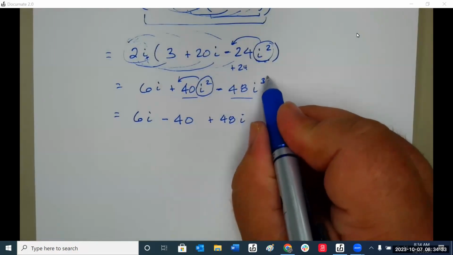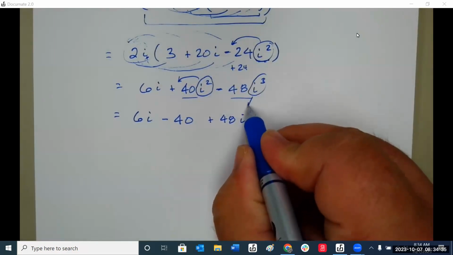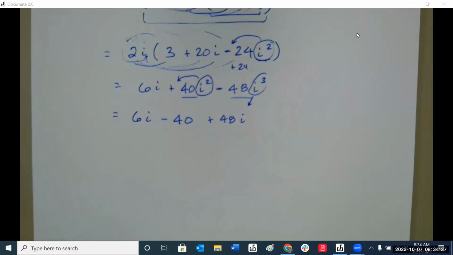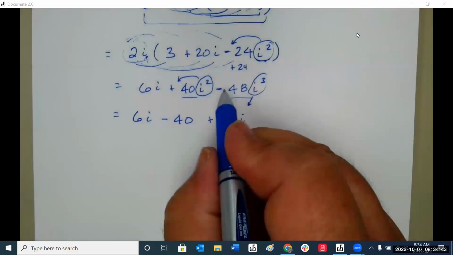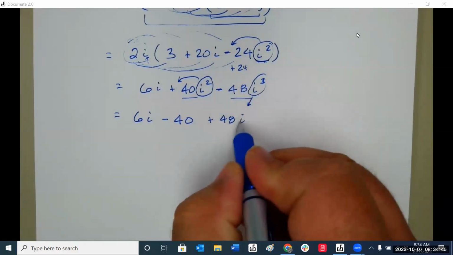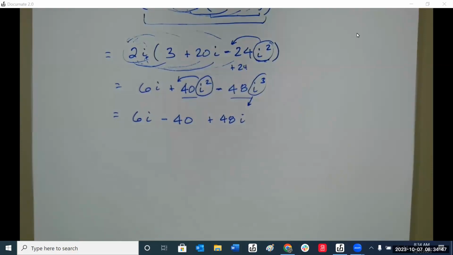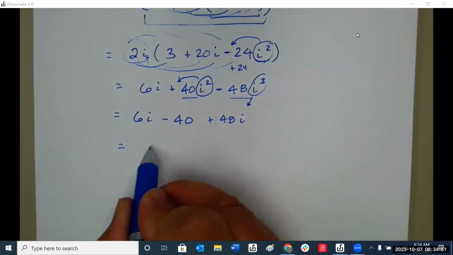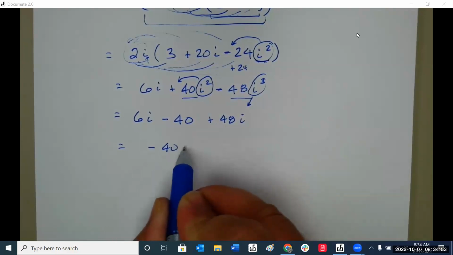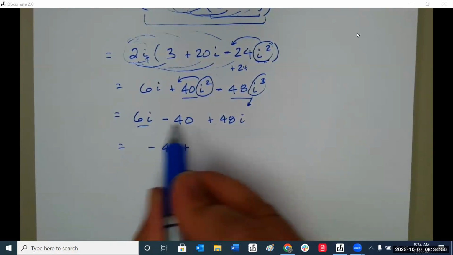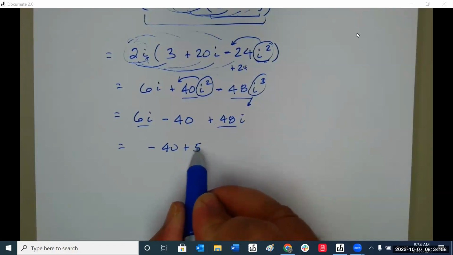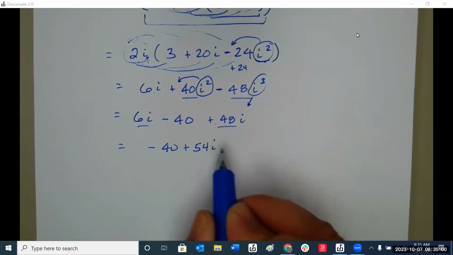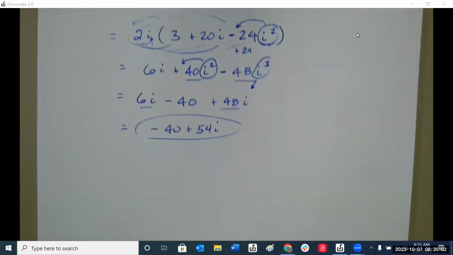So somehow this one became a positive i. Or it changed it from negative to a positive i. So then we'd combine our like terms. Here's -40, the real number. They're both positive. 48 plus 6 is 54. So there's your final answer.